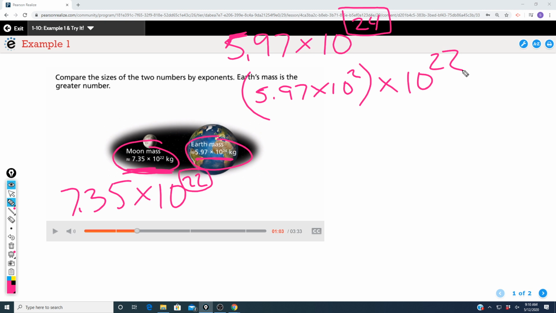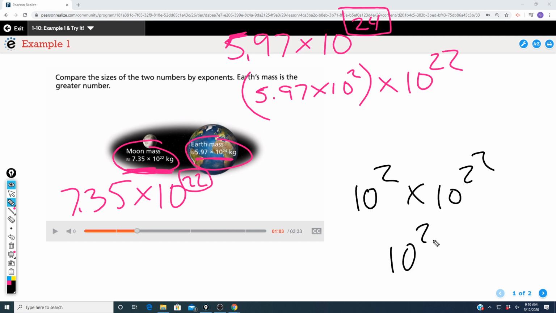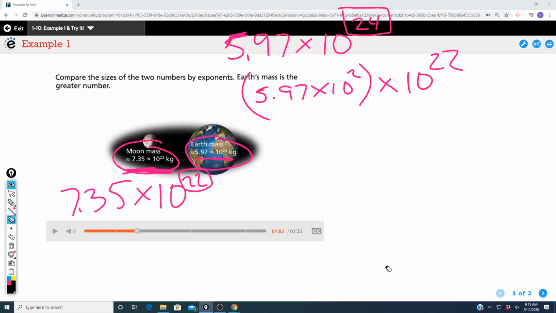You remember from your exponent rules, 10 to the second times 10 to the 22nd is actually going to be 10 to the 24th. It's taking 2 or 3 steps at one time, but now I can take 5.97 times 10 to the second, or 597 times 10 to the 22nd.